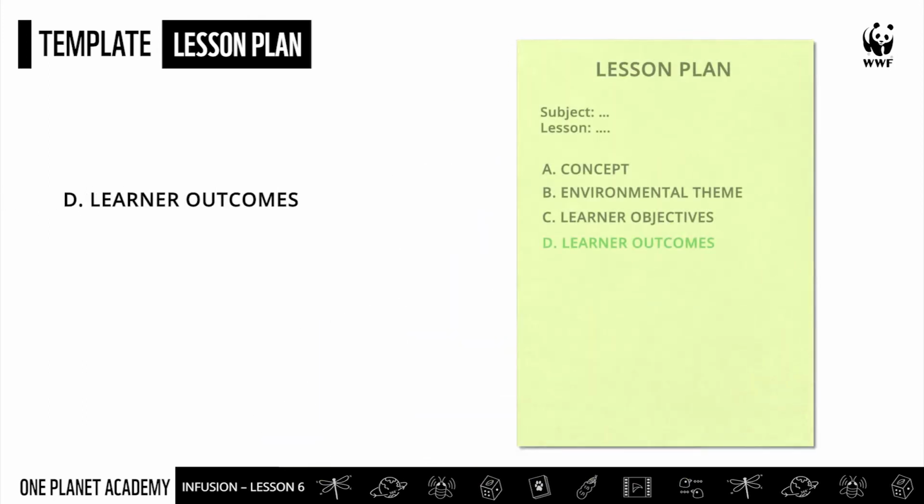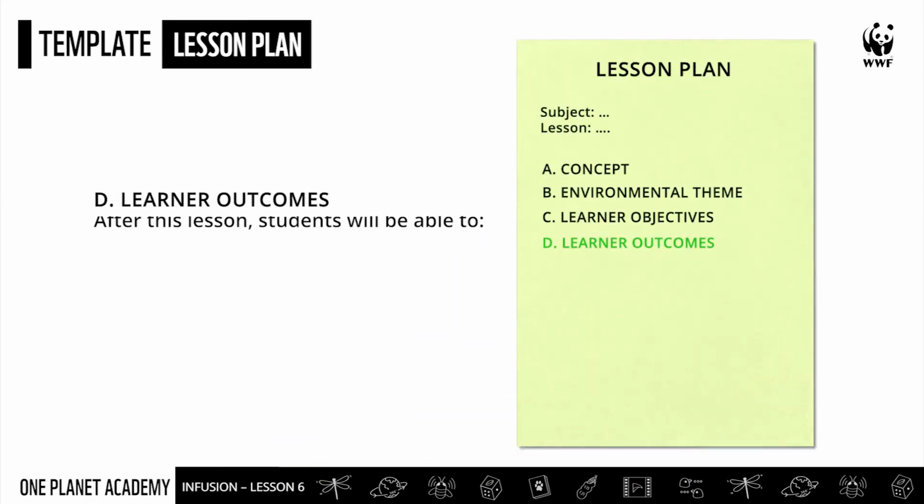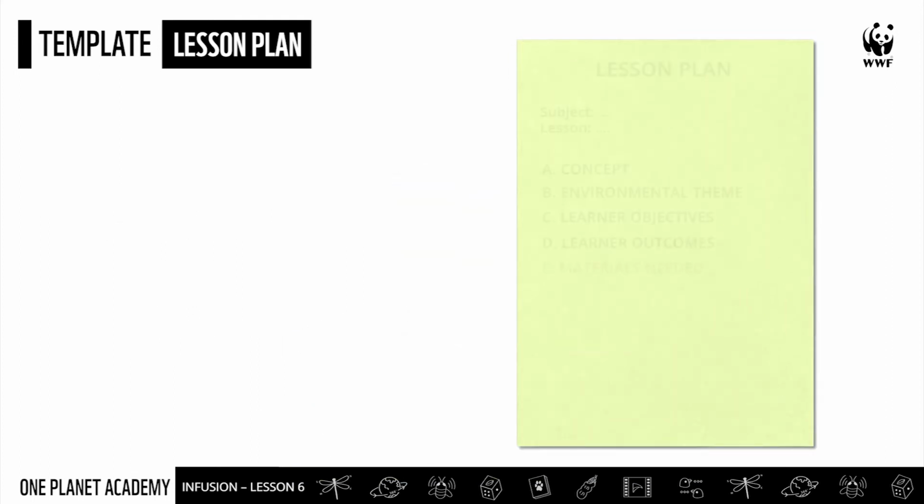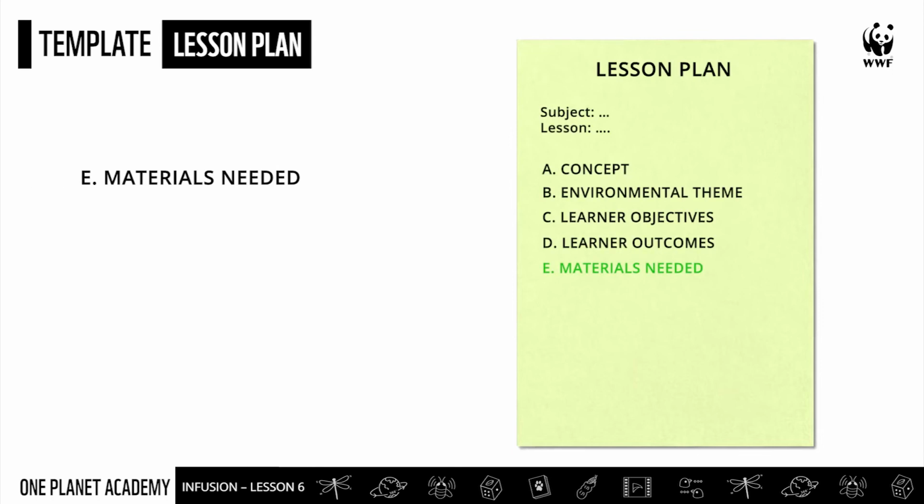The learner outcomes spell out what the measurable outcomes of infusion will be. Both the learner objectives and the learner outcomes set the agenda of the lesson. Listing the materials needed serves as a quick reference that comes in handy when preparing for the class.